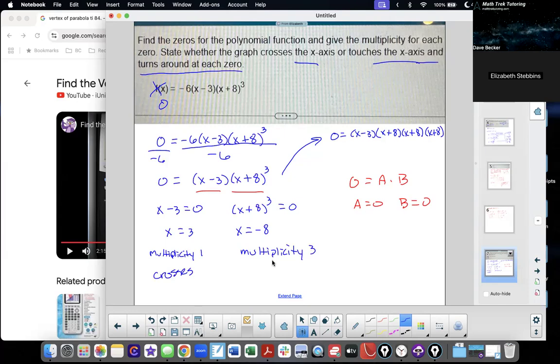If it's 2 or more, it touches and turns. And we're talking about the graph of it. Yes. That makes sense.